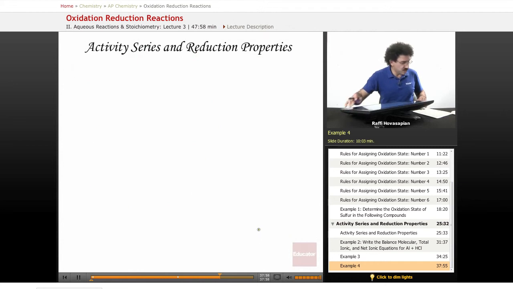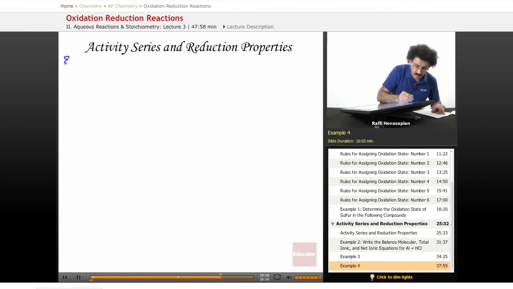Now, let's do an example of a stoichiometry problem given oxidation reduction conditions. All right, so we have example number 4.